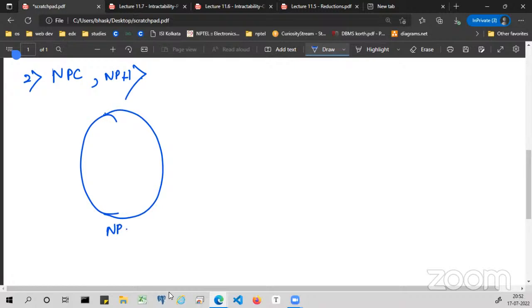So what you generally try to do as a researcher is come up with one of the problems from the already given family of NP problems, right? Which is harder than all the problems in NP. Harder means difficult to solve. So let's say there are multiple problems in NP.